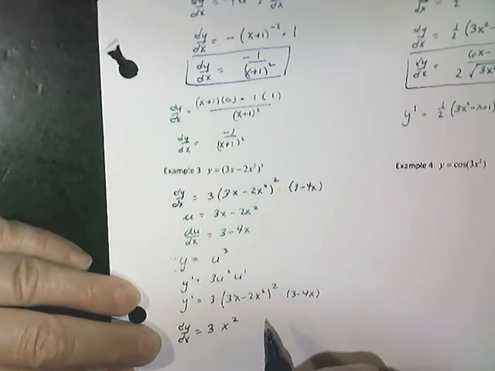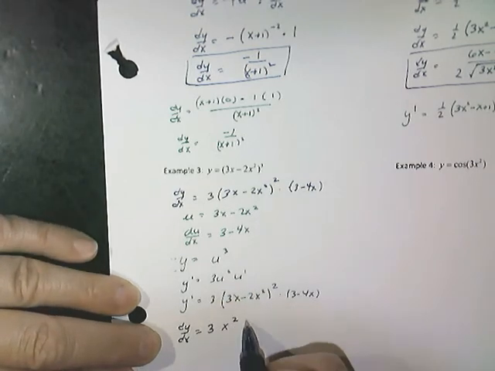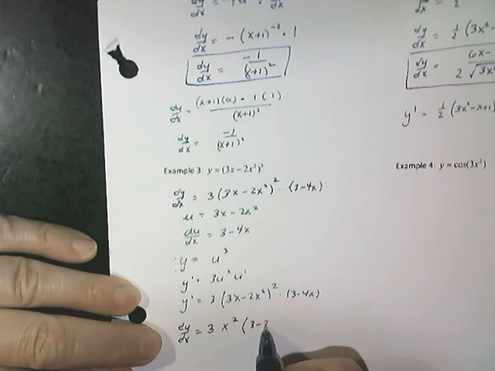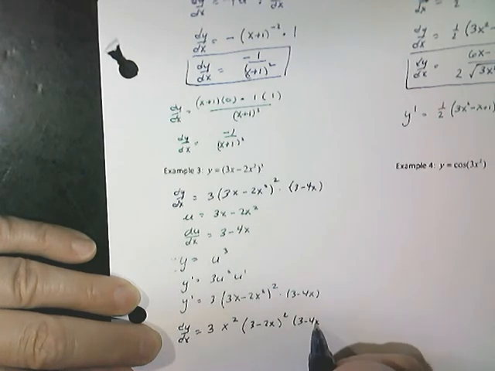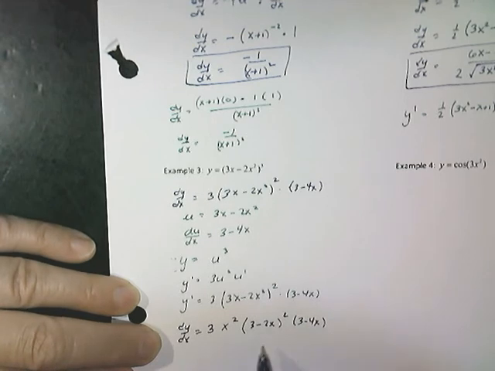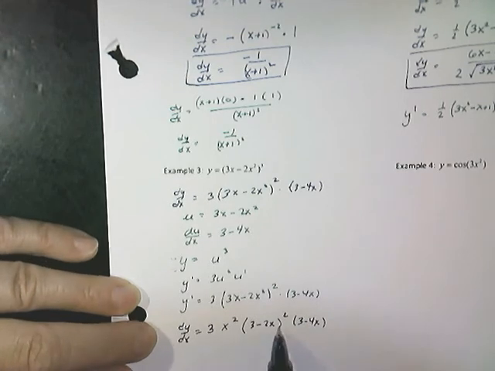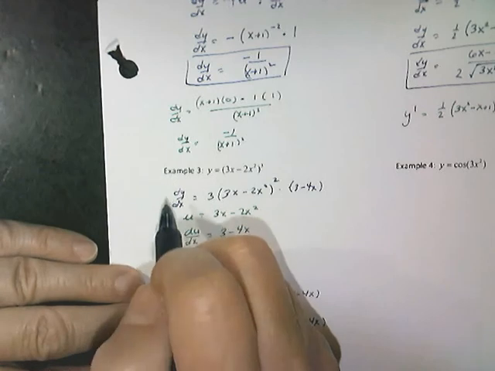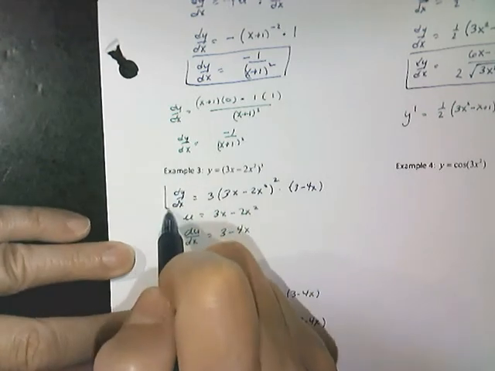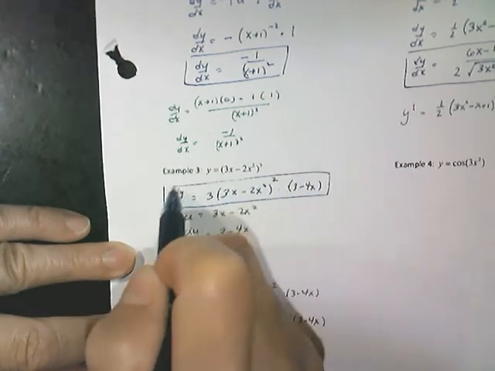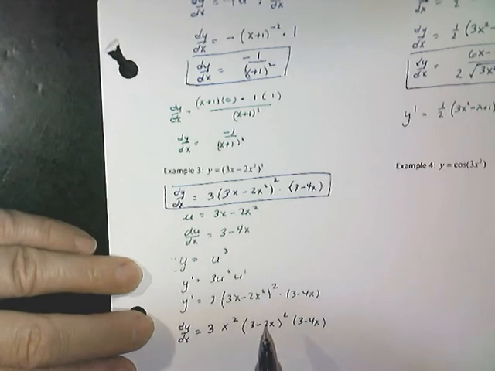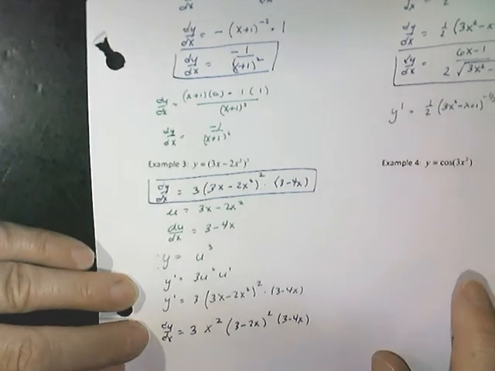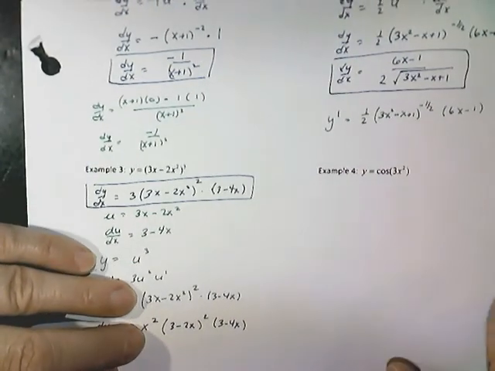So I have a 3x squared. This stays 3 minus 2x squared, and this is 3 minus 4x. More than likely on a multiple choice test, this is what you're going to see, but this is the answer I'm going to put a box around. I don't want you to take too many steps and then get something wrong.